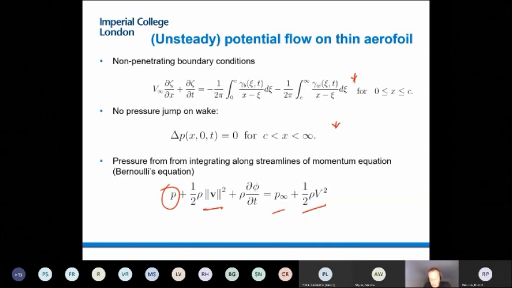Because we still have unsteadiness in the problem, we have an additional term coming out of the integration of the Navier-Stokes equation, which is the derivative of the velocity potential, which also comes into the equation. And what that says, as you go down the streamline, this, just to be correct, that should be infinity.